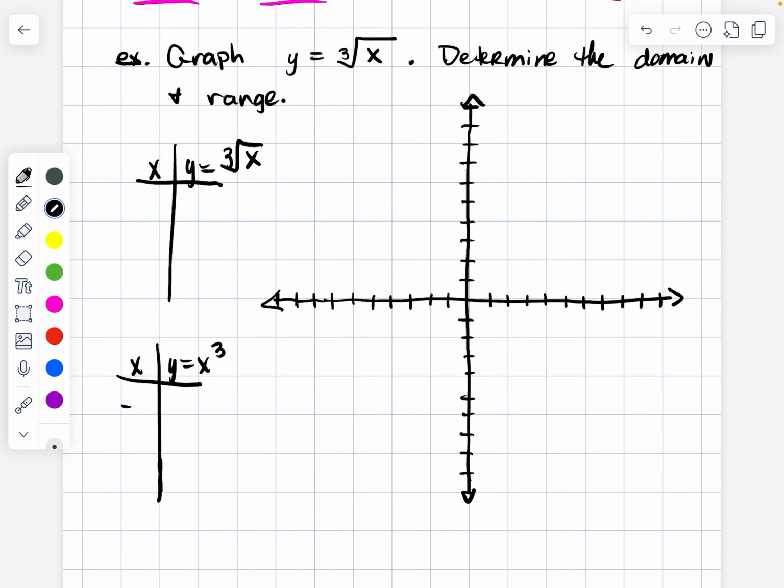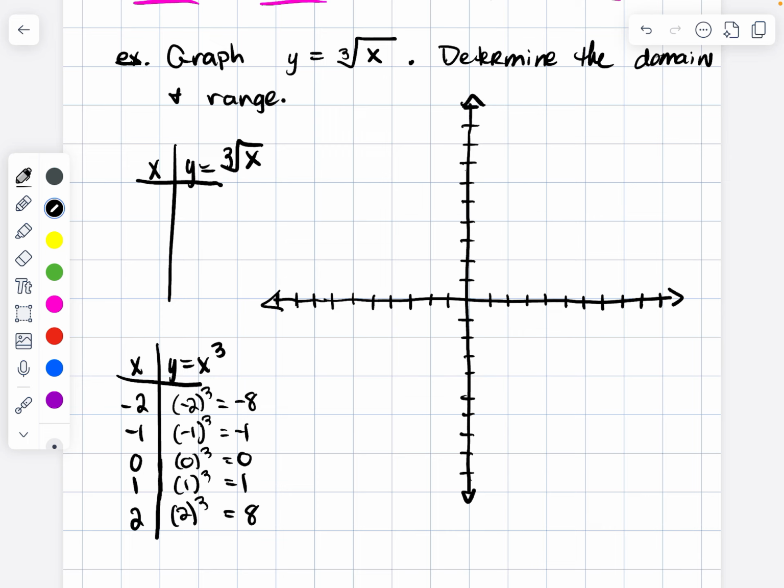Then this would be -2 cubed, which is -8, -1 cubed, which is -1, 0 cubed, which is 0, 1 cubed, which is 1, and 2 cubed, which is 8.